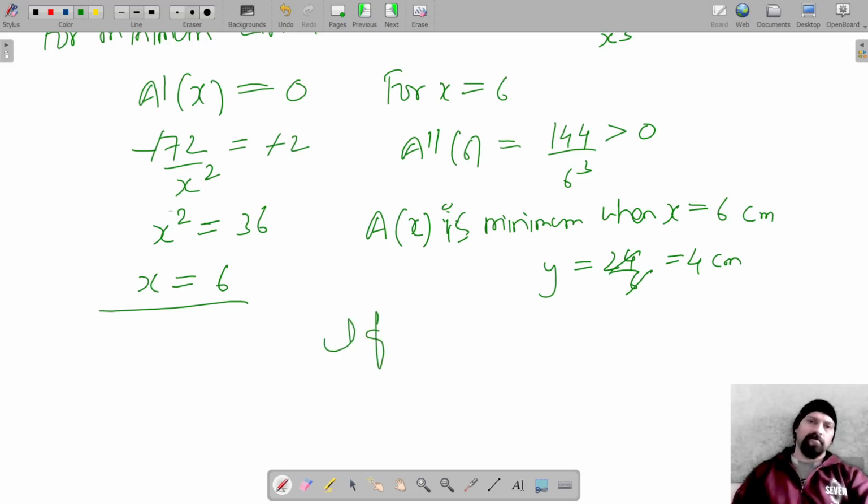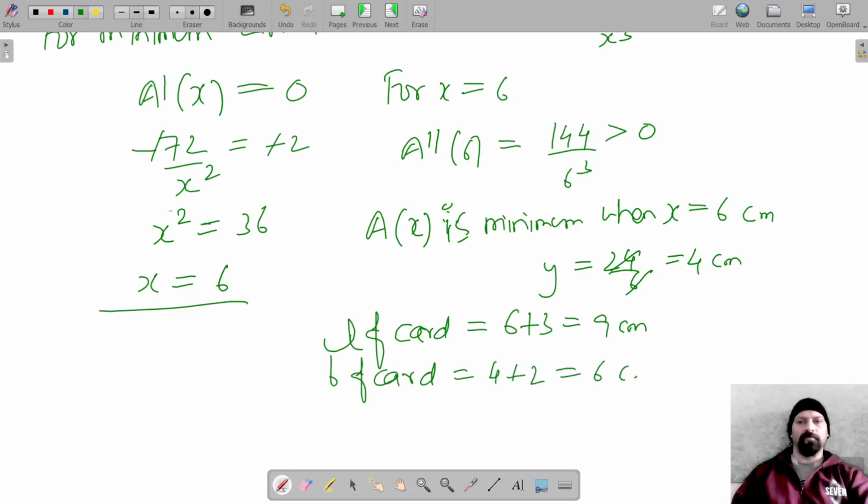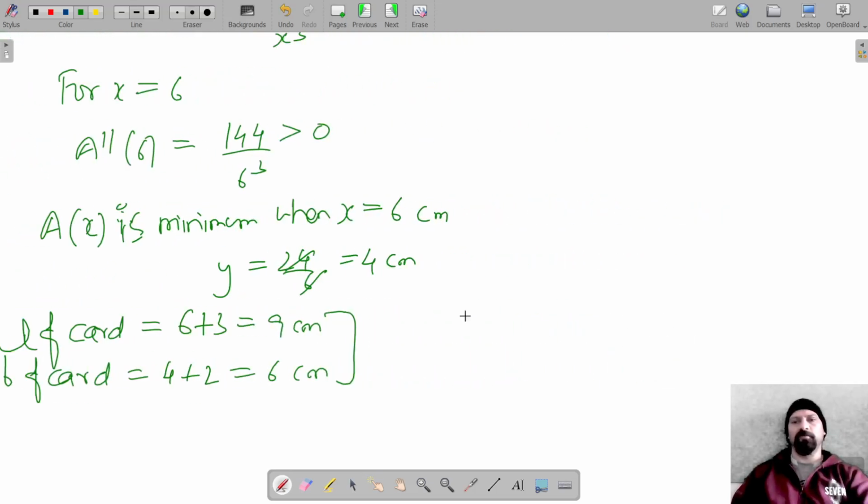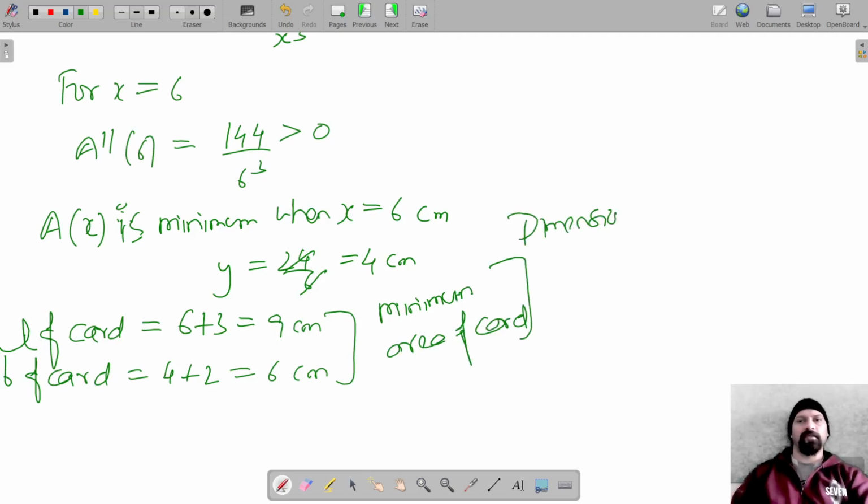So the length of the card, we have to add 3 to it: 6 plus 3 is 9 centimeters. And the breadth of the card will be 4 plus 2, which is 6 centimeters. So these are the dimensions of the card of minimum area: length is 9 and breadth is 6.